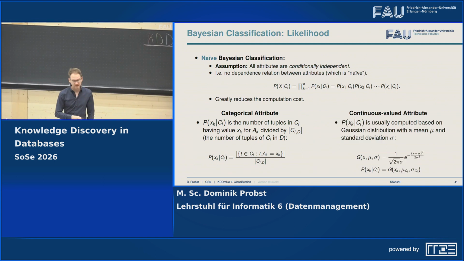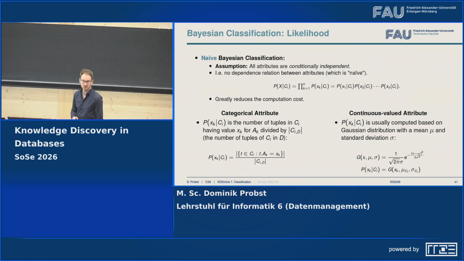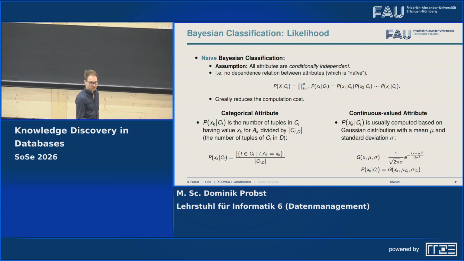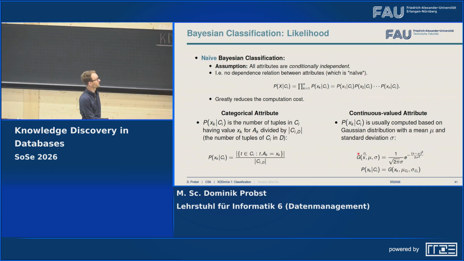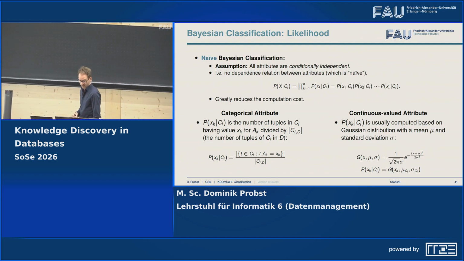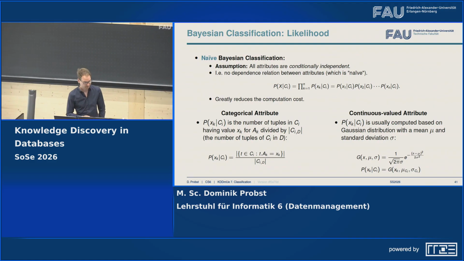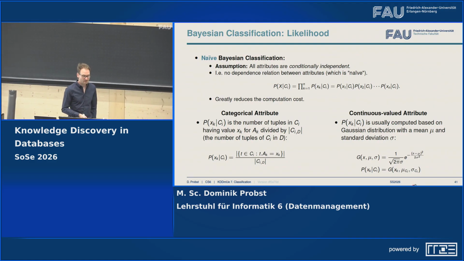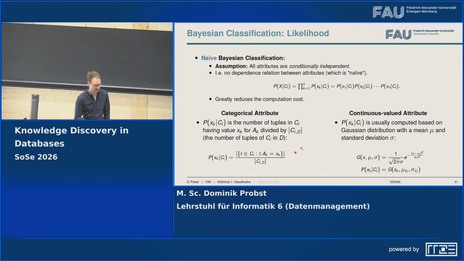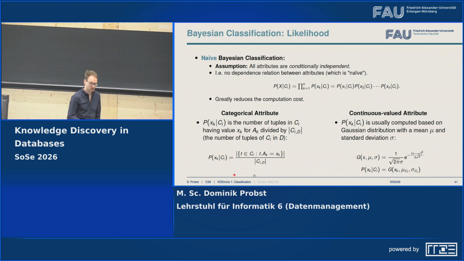For continuous valued attributes, we have to assume a distribution. Most often you would use the Gaussian distribution for that. And that's why we have this formula down here to determine the likelihood of a certain tuple. In our example in the lecture, so the example we will get to in a second, we will mainly use the categorical attribute likelihood because it's easier to calculate.